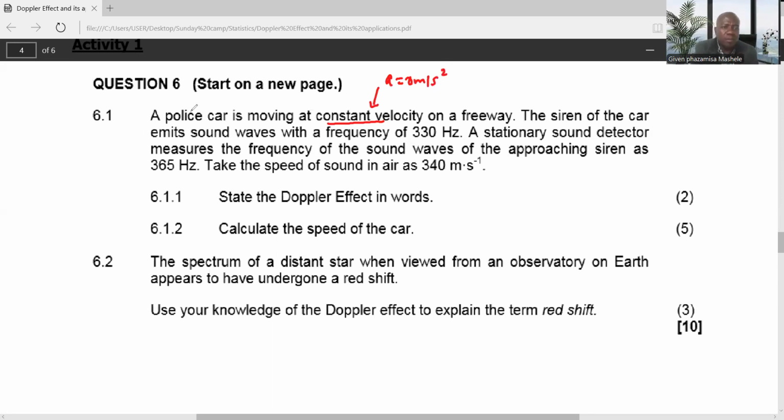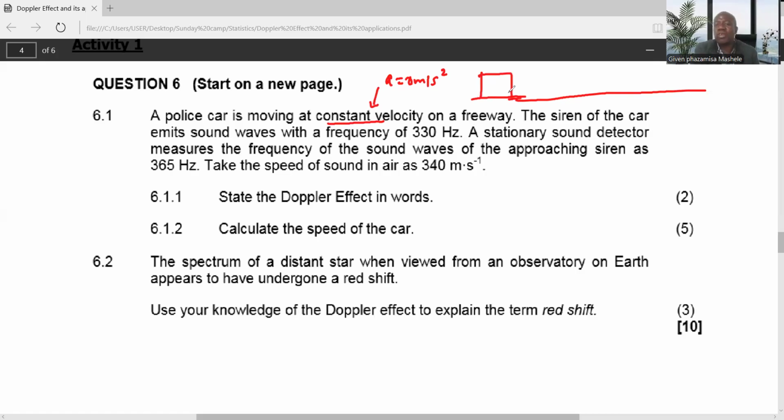This police car is moving at a constant speed or velocity on a freeway, so let's assume this is a freeway. Then now we have a police car. Here it's a police car.